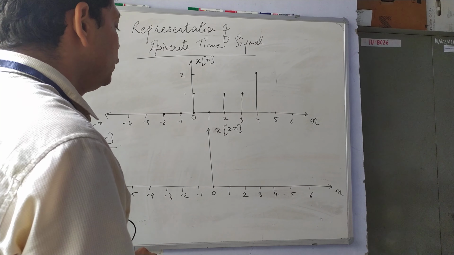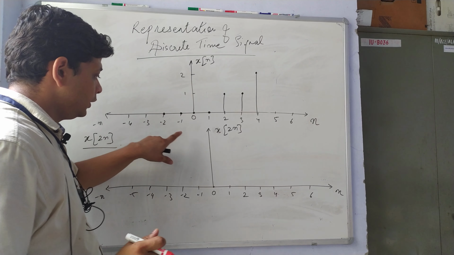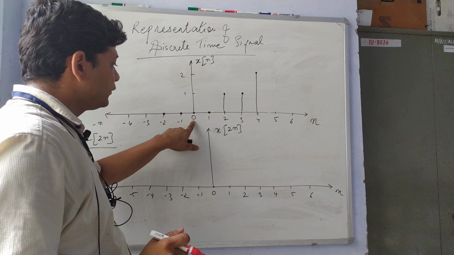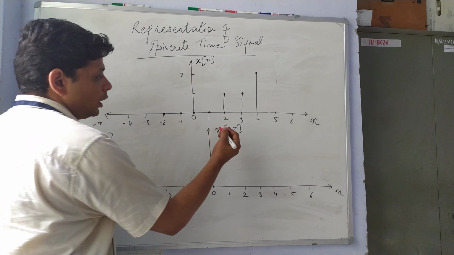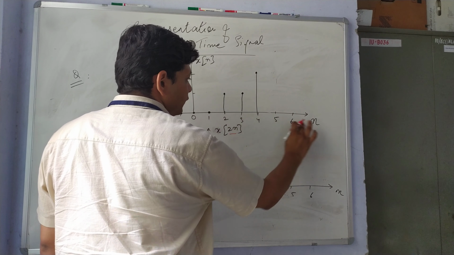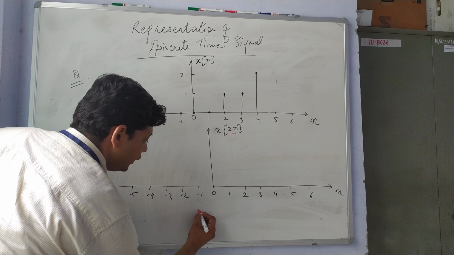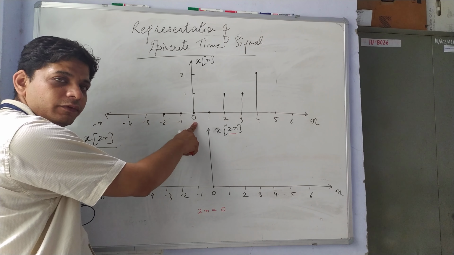Now we'll be starting with 0. At 0 we have the amplitude 0 only. But now we have to deal with 2n, and these are the values of n. So we can write 2n equal to 0, starting from the 0 value.